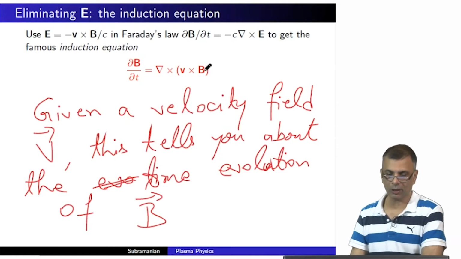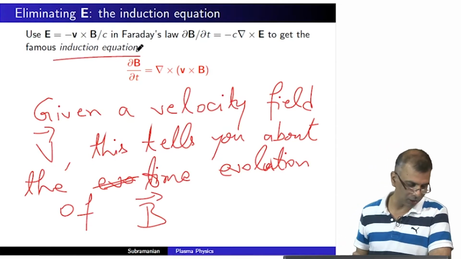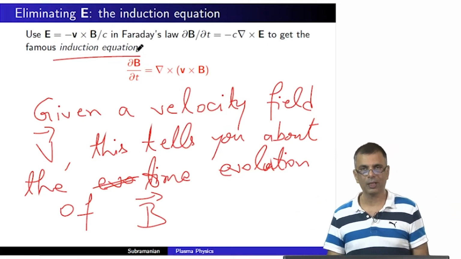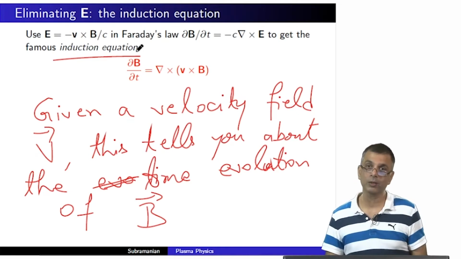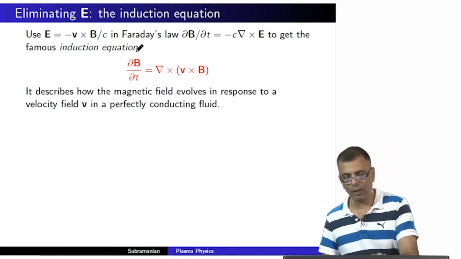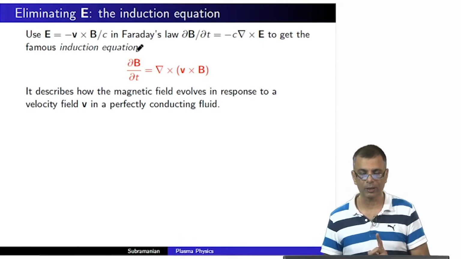Okay. And this is what is called the induction equation. It is very, very basic in MHD, and many times when you see the equations of MHD written down, they just start from the induction equation, assuming that you know, right. So, it is important to know where the induction equation came from, and this is where it comes from. Okay. It describes how a magnetic field evolves in response to a velocity field V, of course, in a perfectly conducting fluid.